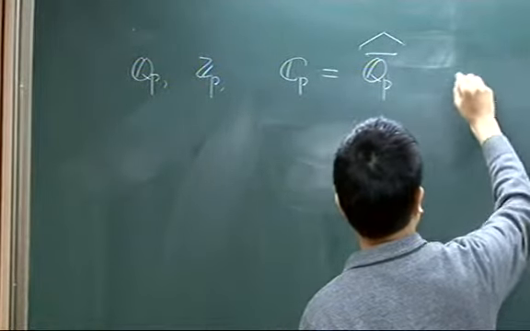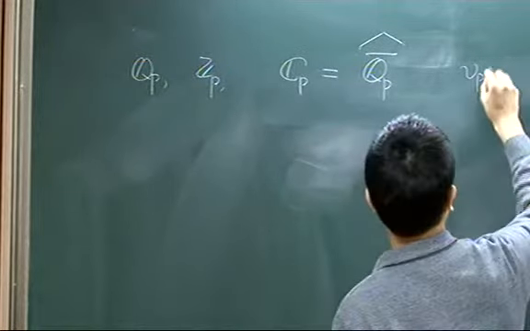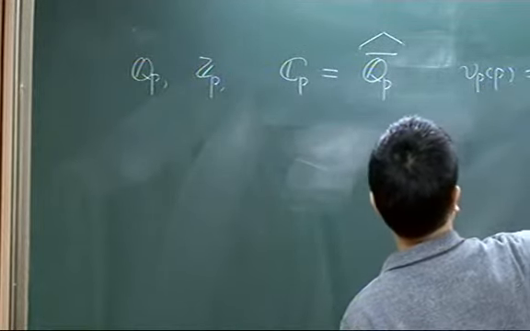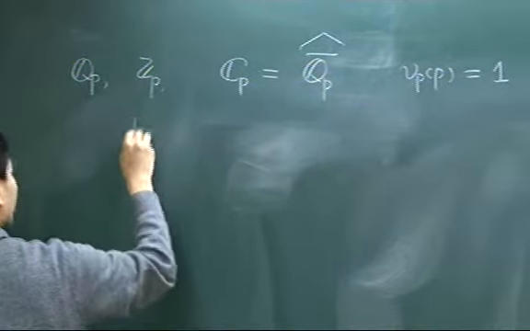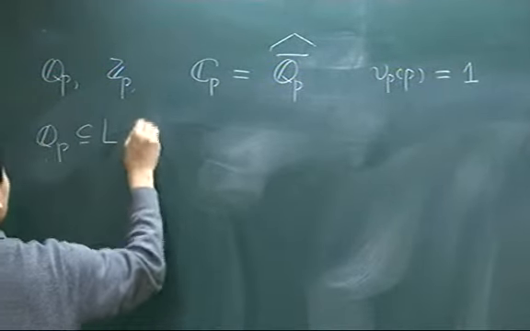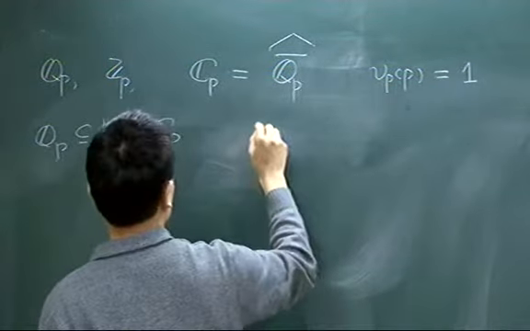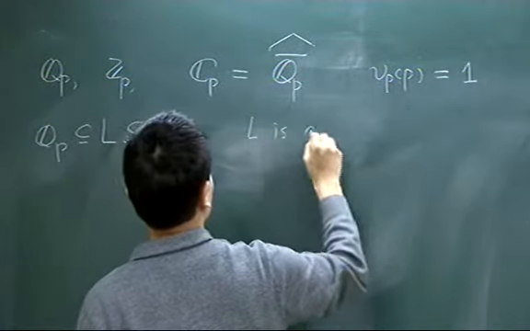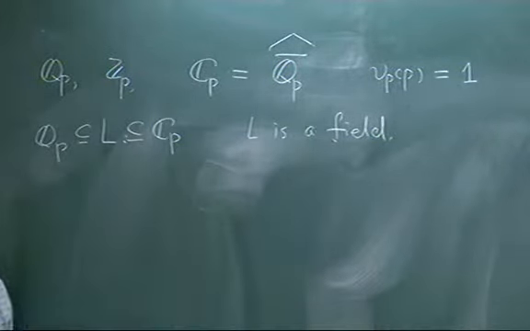And then we have a p-adic valuation, v_p, where v_p(p) is 1. And we have L, which is always contained in C_p, so it's a field. We will introduce a lot of notations later, but at first we just have these.